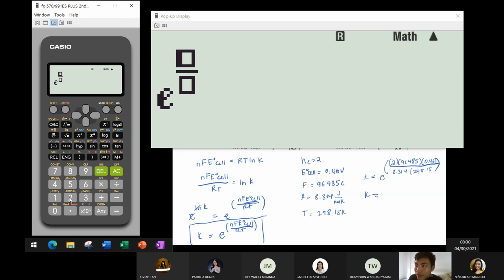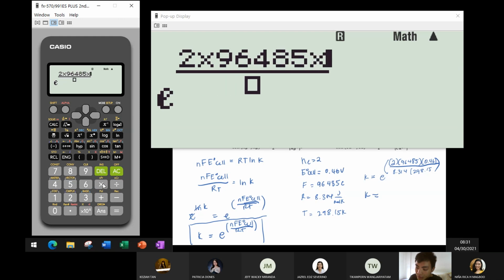Anyway, so e raised to. Okay, so again, how to get that in your calculator. If you can see e, then you have a box on the top. That's what you're going to use. Shift and ln, you will get this. Then type the fraction bar. On the numerator, we have 2 times 96485 times 0.46 volts.